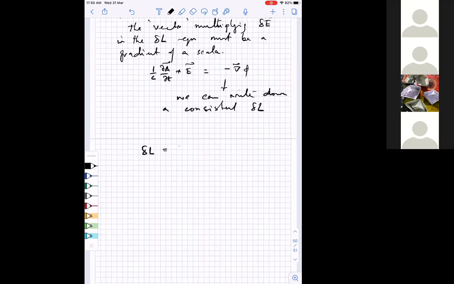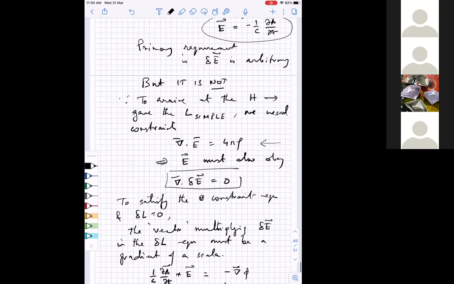Then delta L can be written down with this scalar potential still there.